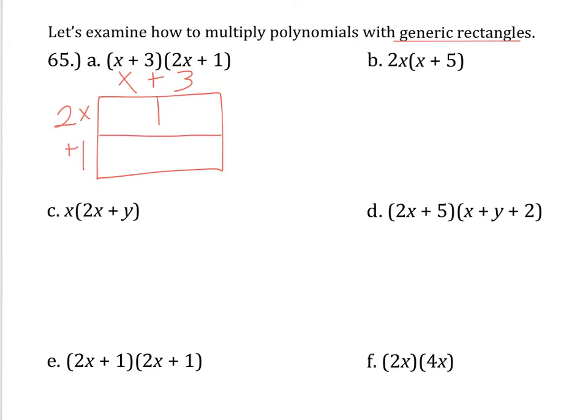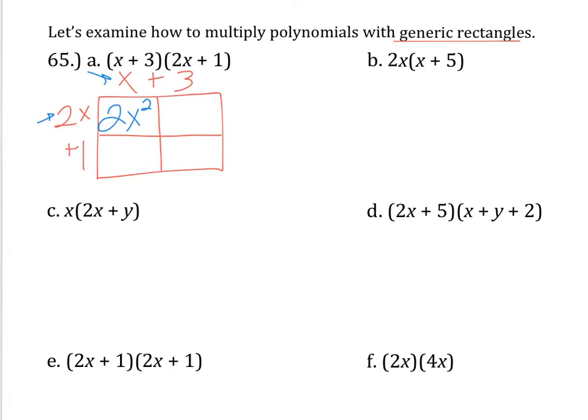And inside that rectangle, there's going to be 4 other rectangles. So we are going to basically find the area. We're going to multiply the sides together to get the inside. So if we take x times 2x, that's going to give us 2x squared.